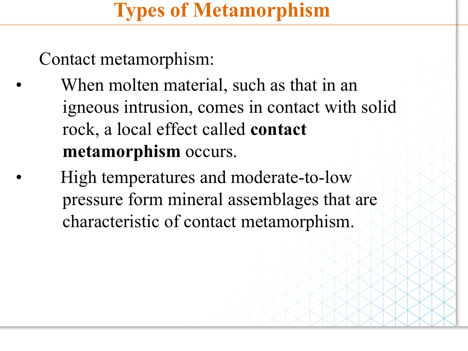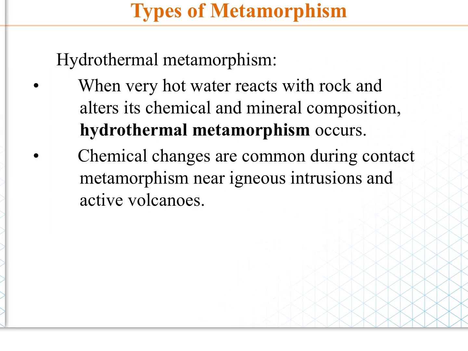Remember, these are changes without melting the rock. If we melt it, then we're making igneous rock. The last type of metamorphism, or scale of metamorphism, is hydrothermal metamorphism. And here we're talking about basically chemical change due to contact with high temperature water.